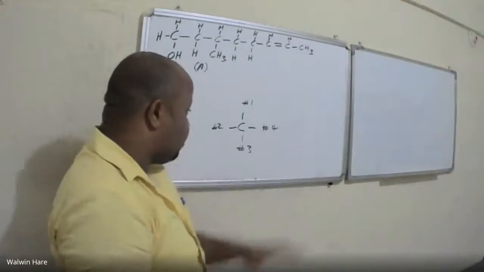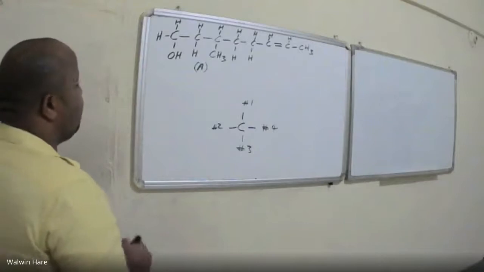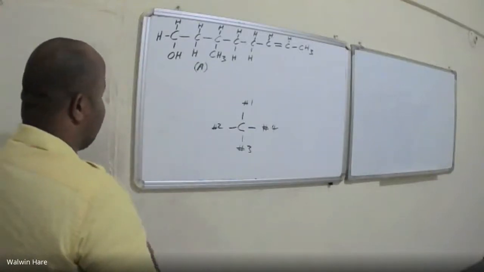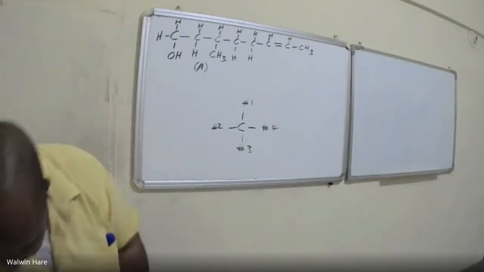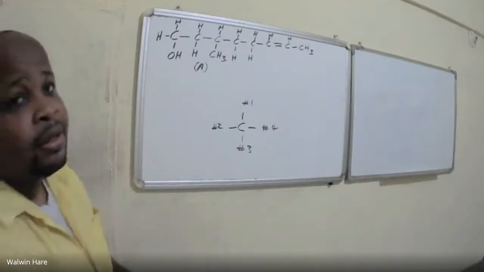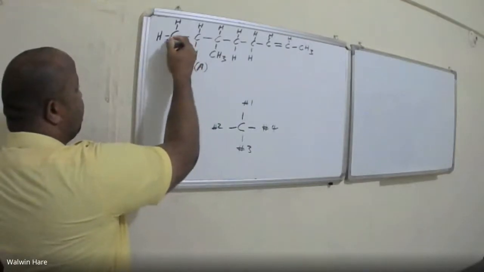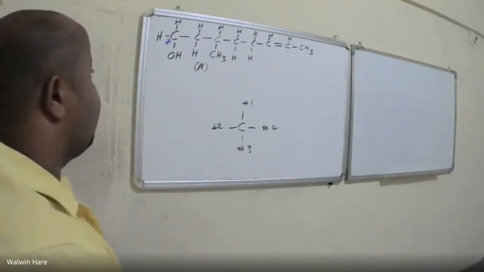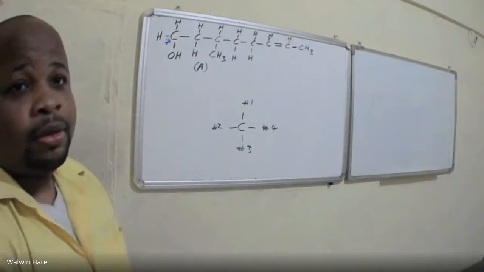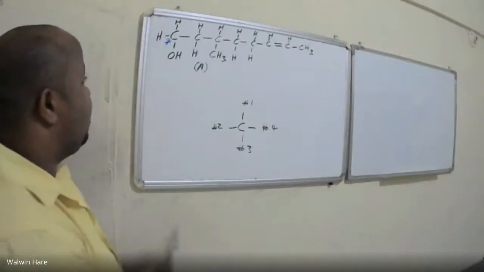So if we look at this first carbon atom, is it a chiral carbon? Does it have 4 different groups attached to it? No, sir. Alright, we see 2 hydrogens attached to it.